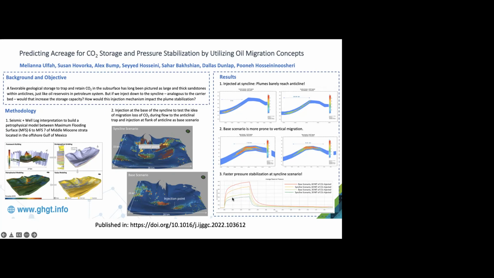Meanwhile, the green one over here is the case where we inject the CO2 at the base of the syncline. The pressure does not increase that much, and it takes much shorter to reach pressure stabilization, that is, when the pressure does not change as much and is really close to the value of the pressure before the injection.